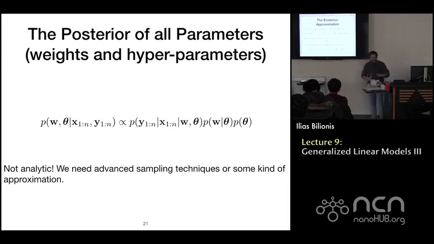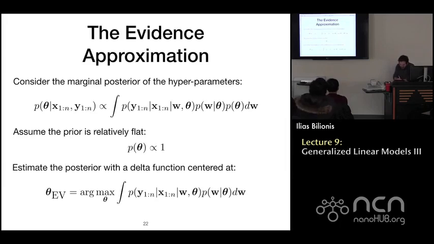All right? Now, later we'll see how you can actually sample from this using Markov chain Monte Carlo or more advanced techniques. But now what I'm going to say is that characterizing this is too complex. I'm going to make a simplification. I'm asking the question, what is the probability of theta?